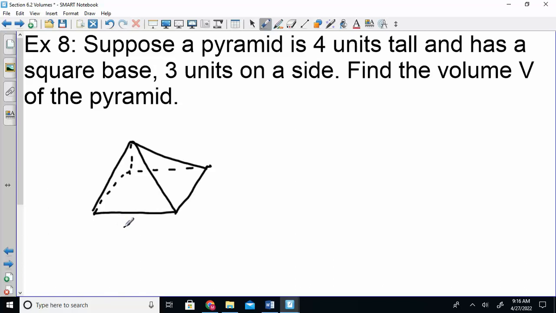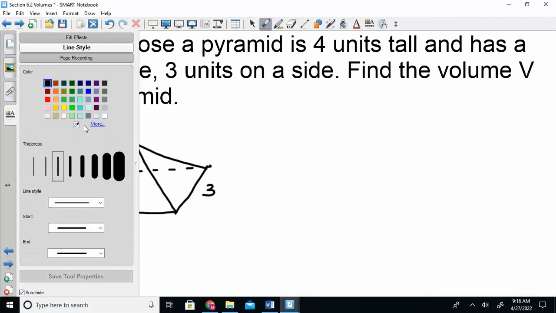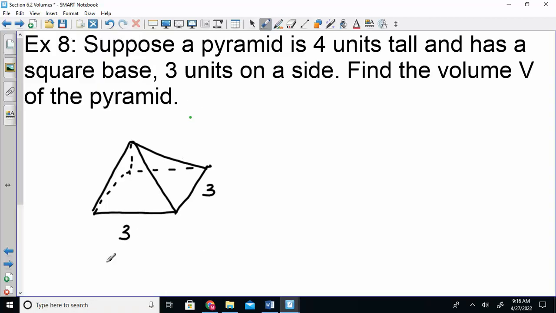It's 3 units on a side. So this is 3, and this is 3 because it was a square base. If I place this on an axis, it's going to be kind of hard to visualize, but let's say we have the y-axis just coming through the peak.